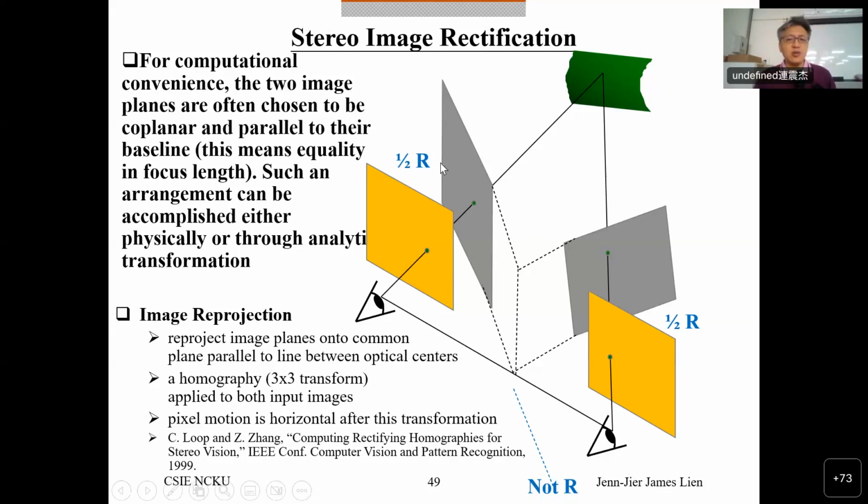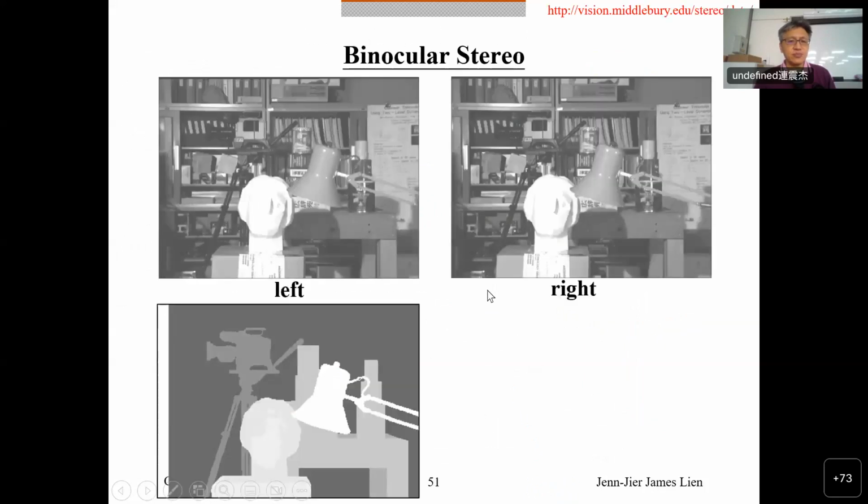That means you rotate half of a rotation, a half rotation here. 所以你本来摄影机是这样子，你要经过 rotation 把它变成 virtual 的平行. And if you are virtually parallel, you can find corresponding lines and corresponding points. So that's the process of letting the two cameras be parallel to each other.